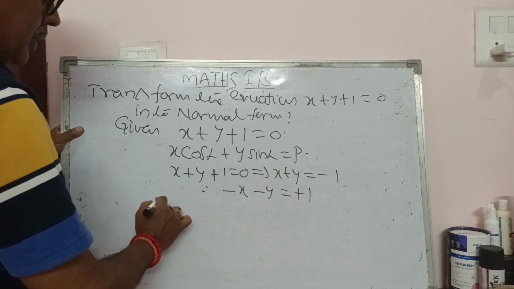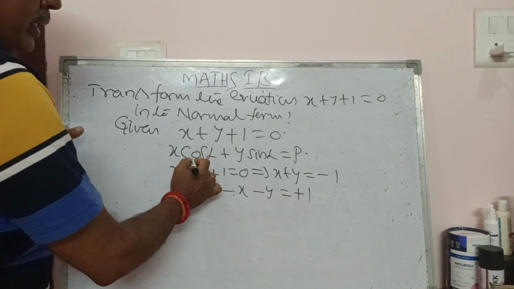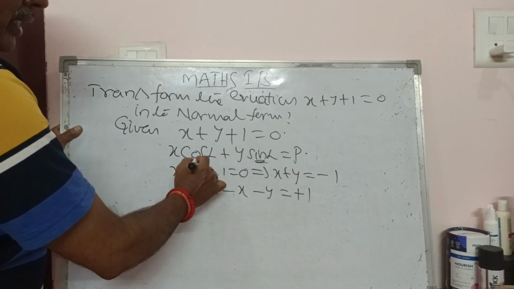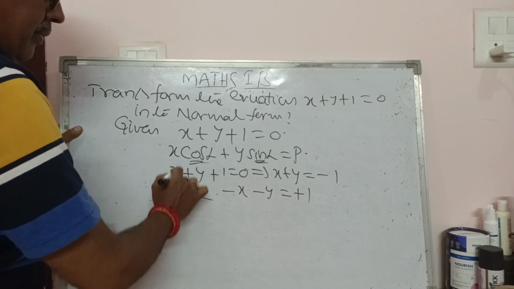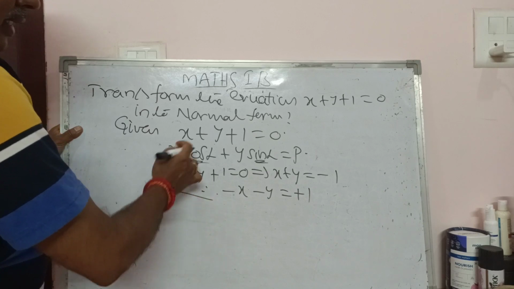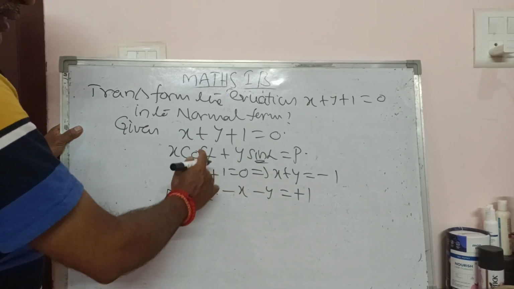Here we have to bring this equation into the form of x cos alpha plus y sin alpha is equal to p. This can be obtained by taking the value of root a square plus b square. That means a by root a square plus b square plus b by root a square plus b square.